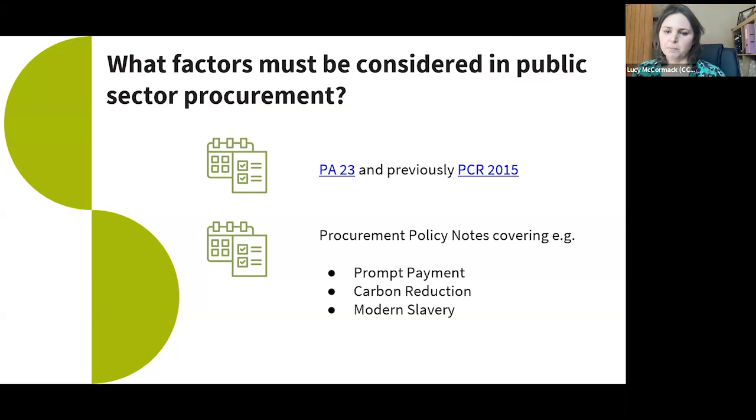So these public procurement policy notes provide guidance on best practice for public sector procurement, and crucially, they are the vehicle used to communicate new policies that have to apply to public procurement activity. And within those procurement policy notes, there is extensive information and guidance on how they will practically be implemented.